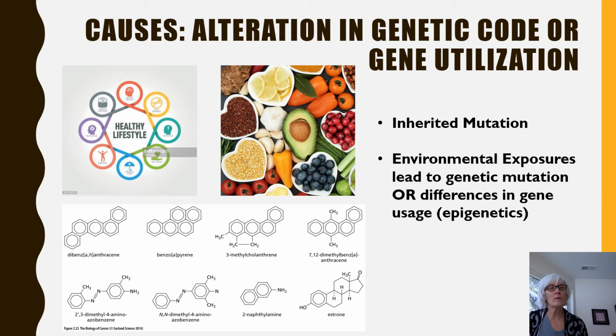So we've spoken about the categorization of cancers and the causes for cancers. I'll stop here and in the next PowerPoint, we'll talk about the development and progression of cancer and how we might minimize our risks of cancer.